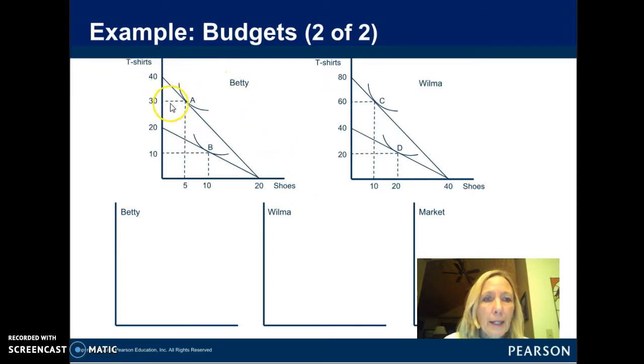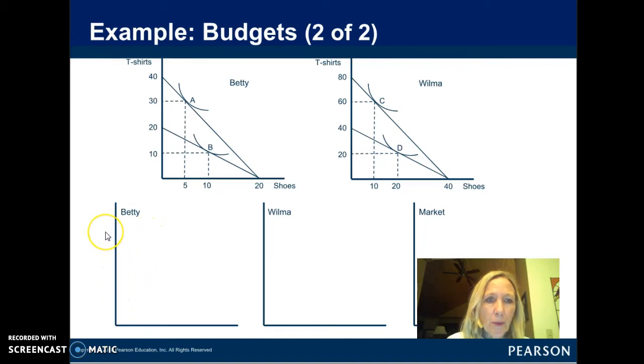At this point right here, you have the beginnings of a demand curve. Betty gets utility from, and it meets her budget at, this point A, so she could buy 30 t-shirts and 5 pairs of shoes. So that could be our first point on her demand curve.